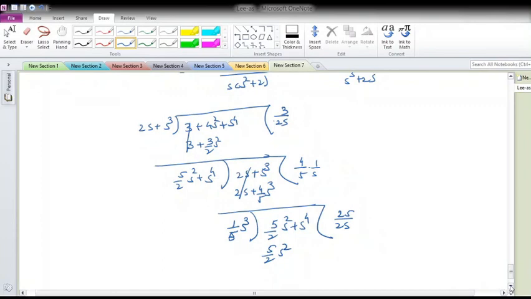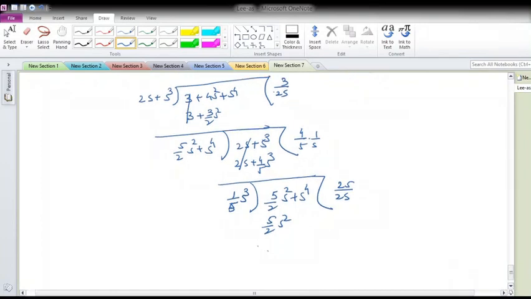There is no second order term, so it will be simply this. Now you write here s raised to 4, and this will be 1 by 5 s cube, and then you divide by 1 by 5s, which will be 1 by 5 s square, and this will be 0. Okay, so let us start.